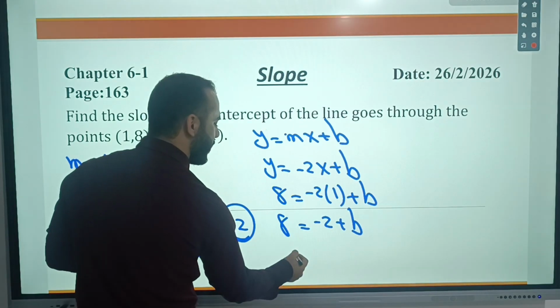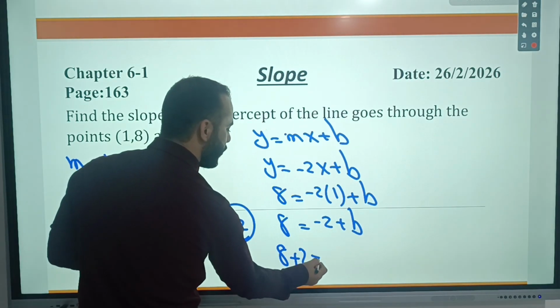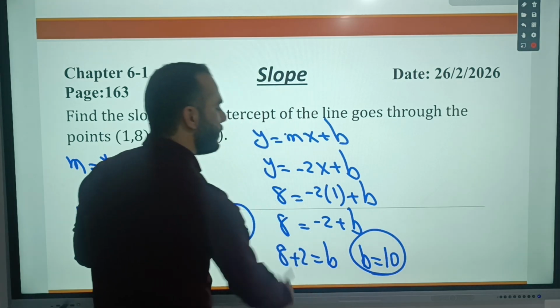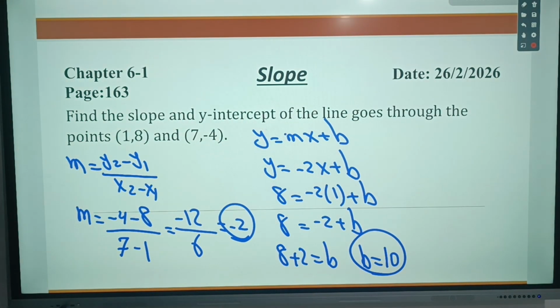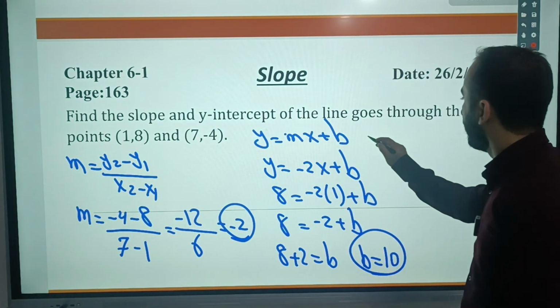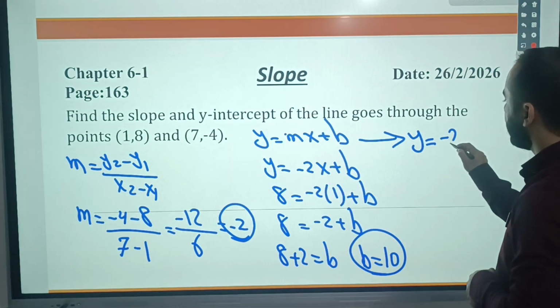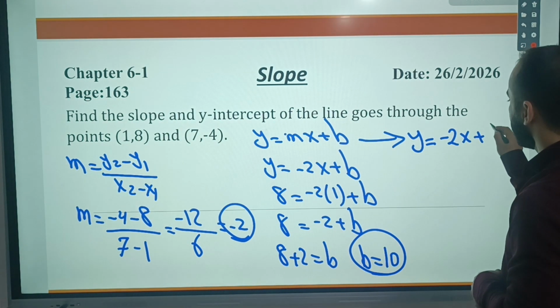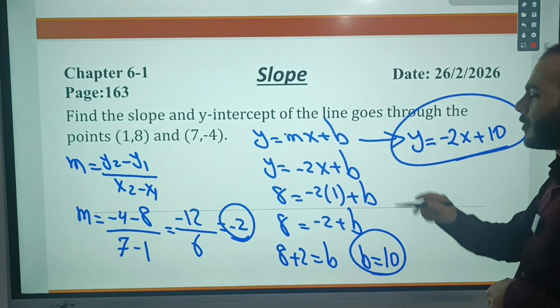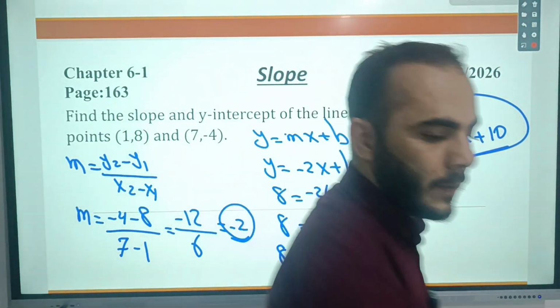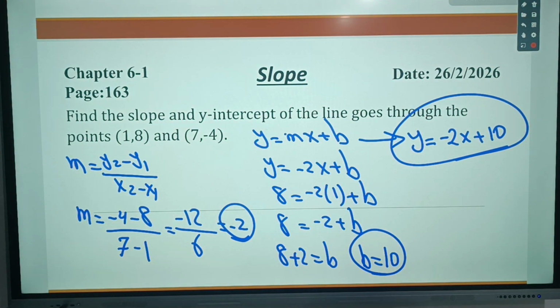Move this -2 to the other side, so 8 plus 2 equals b. Finally, b equals 10. So the equation of the line would be y equals -2x plus 10. That is the equation of the line. And I hope that it is understandable by now. Okay.